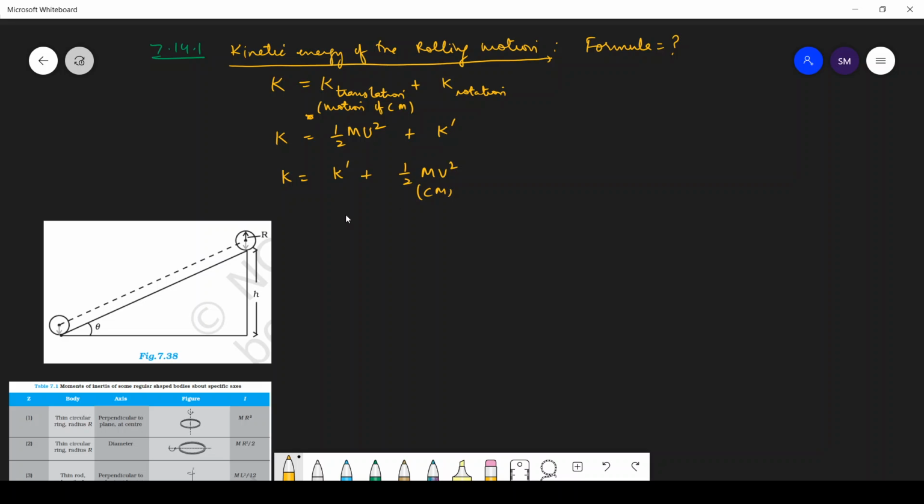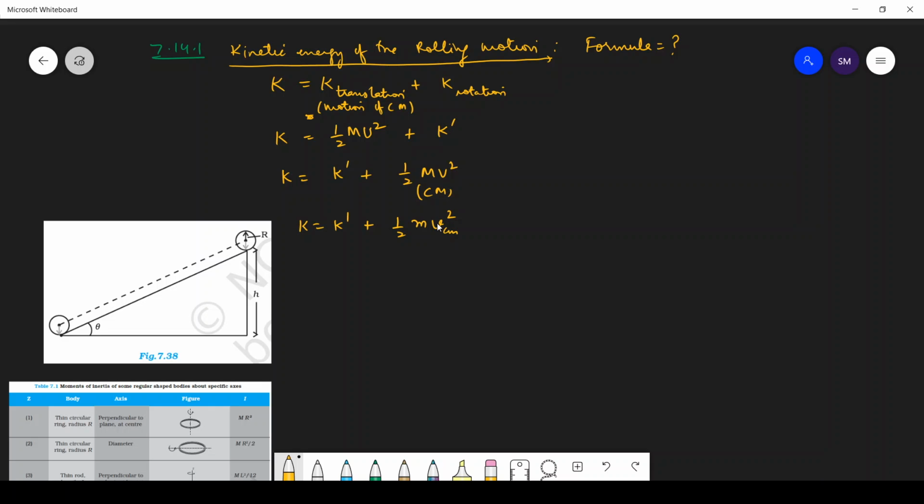You can also write it like K is equal to K dash plus half into m into... Now you are assuming that the whole mass is concentrated at the center of mass.